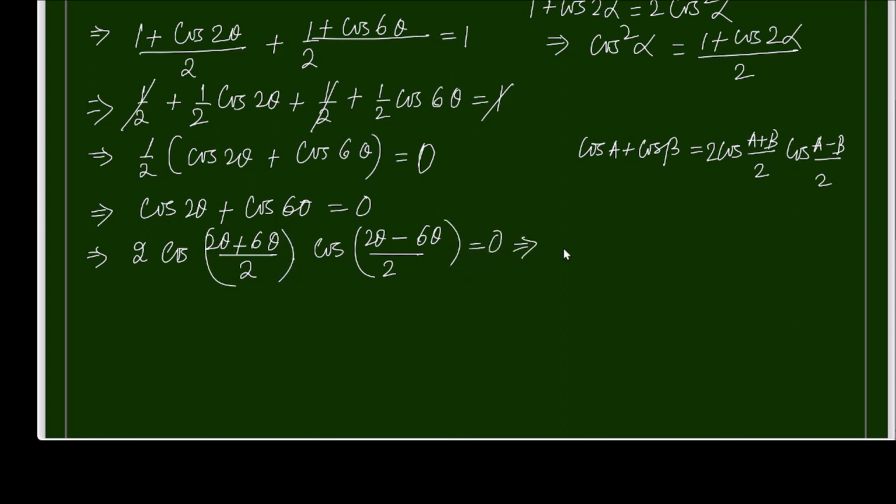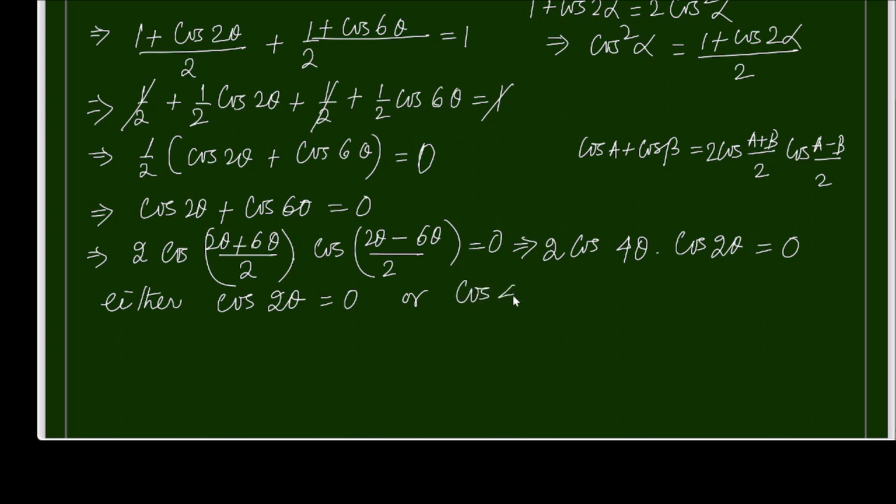This gives us cos 4 theta into cos of minus 2 theta. We know that cos minus theta is same as cos theta, so this is equal to 0. So either cos 2 theta is 0 or cos 4 theta is 0.